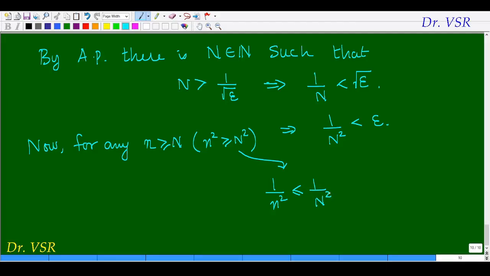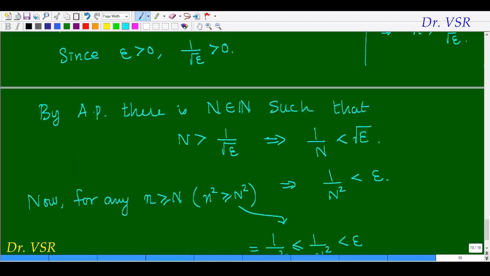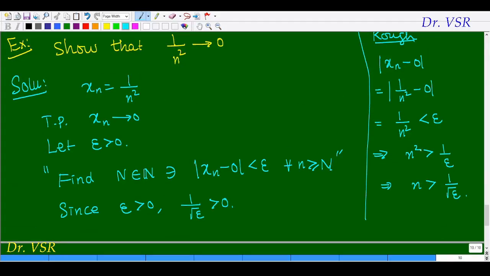And we know that 1 by capital N square is less than epsilon. So 1 by n square is equal to modulus of xn minus 0.